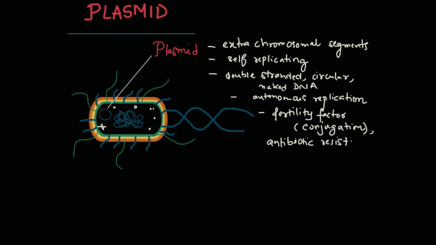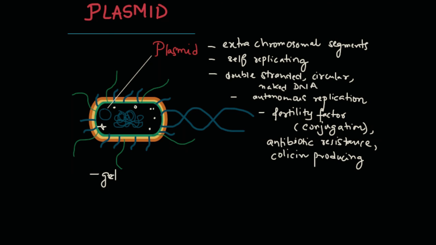If a cell has plasmid containing antibiotic resistance genes for any particular antibiotic, then that cell will become resistant towards that antibiotic. Also, plasmid contains colicin producing genes. Colicins are proteins that are produced by one prokaryotic cell like bacteria, which can be lethal towards other bacteria. So all these genes are present in plasmids.